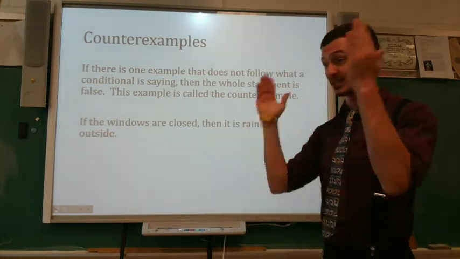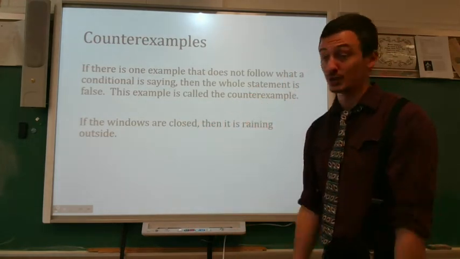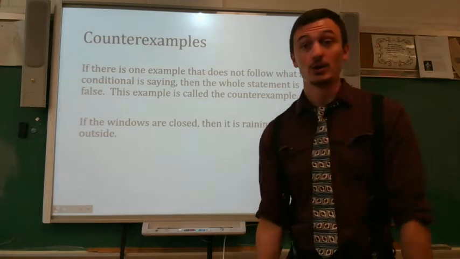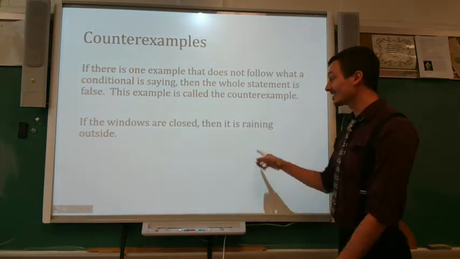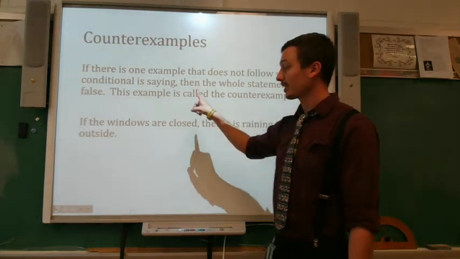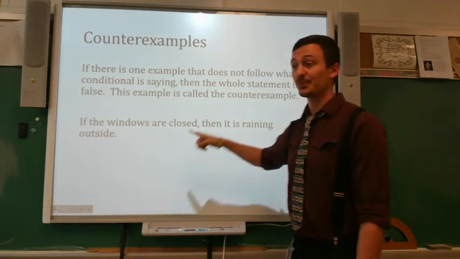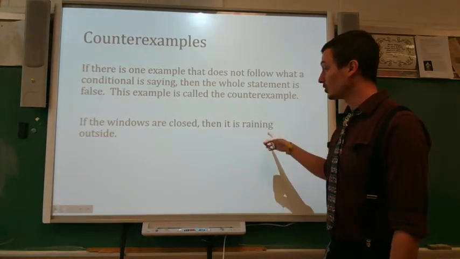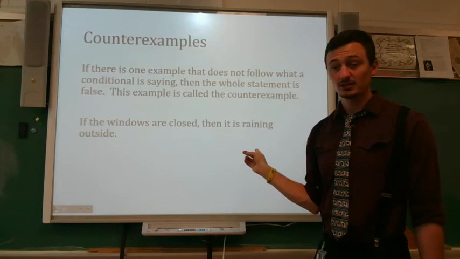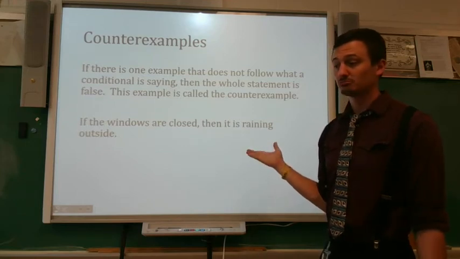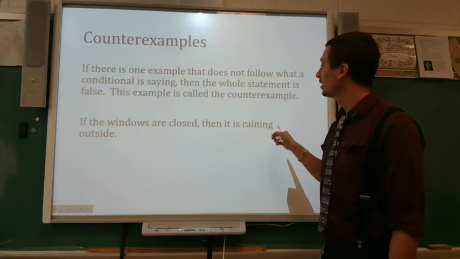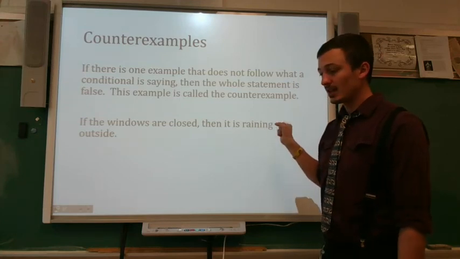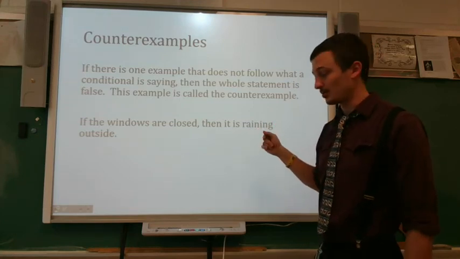My counterexample could be it's sunny, or it's cold, or it's a tornado, or it's snowing, or anything like that. As long as my hypothesis stays the same but the conclusion is different, then it's a false statement. That's my counterexample. So if I can find a new conclusion, then that's a counterexample.